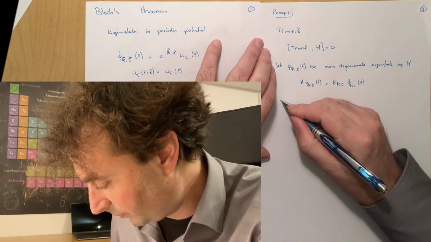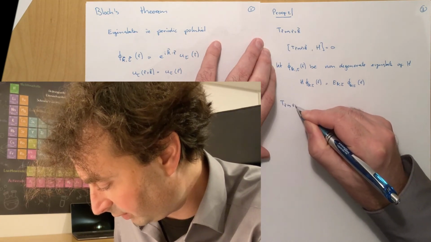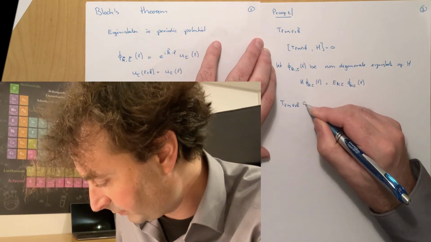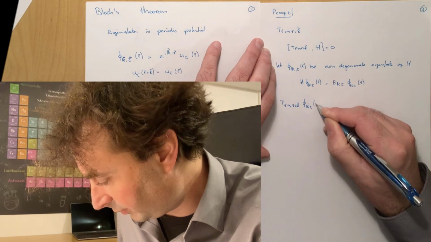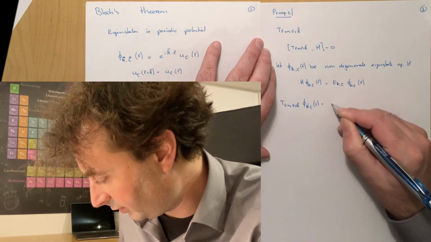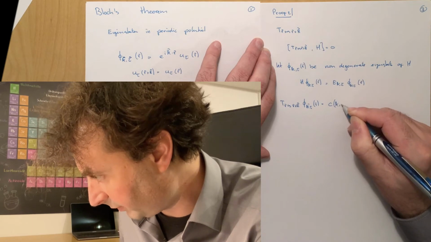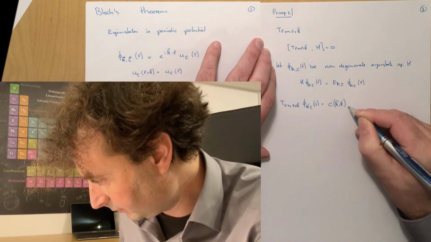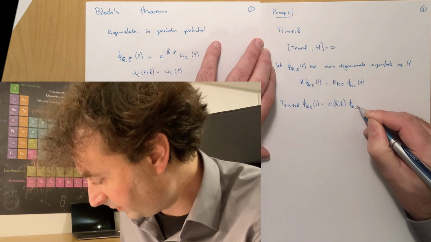So we know that T R goes to R plus capital R of our wave function is the eigenvalue, some complex number, times the wave function.